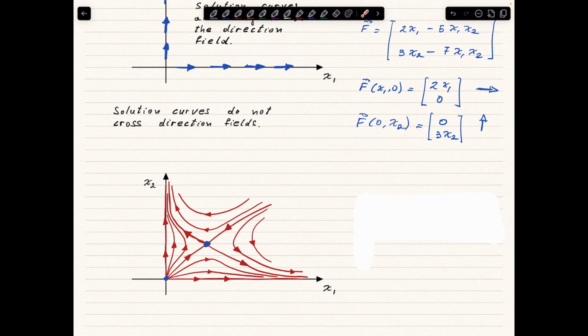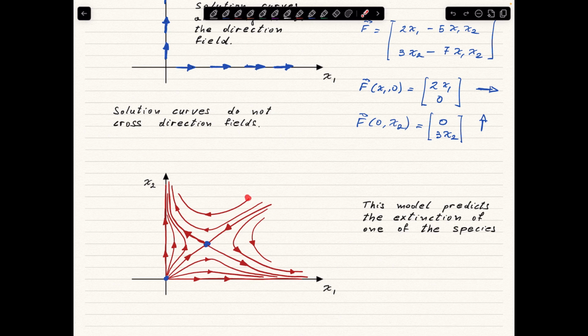Notice something kind of interesting about this behavior. We haven't solved the equation exactly, but we know how all the solutions are going to behave. Notice that this system, which is a population model with infinite food resources, in most cases predicts that one of the species is going to go extinct.